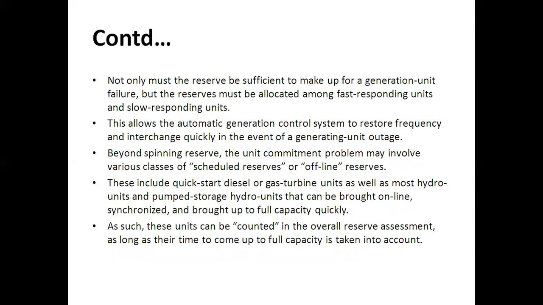So it is clear that the reserve must be sufficient to make up for a generation unit failure, but also the conception of slow responding units and fast responding units must be considered when allocating the reserve.